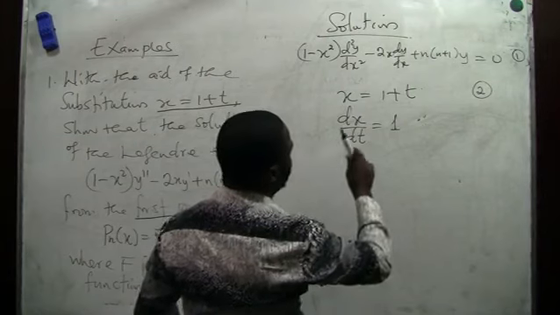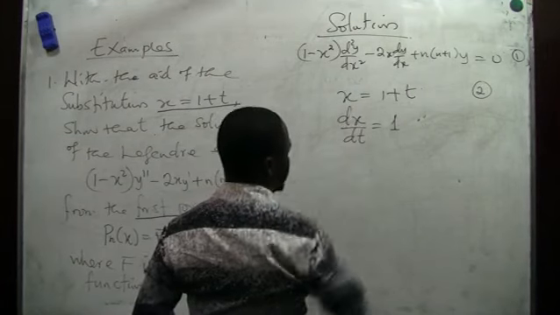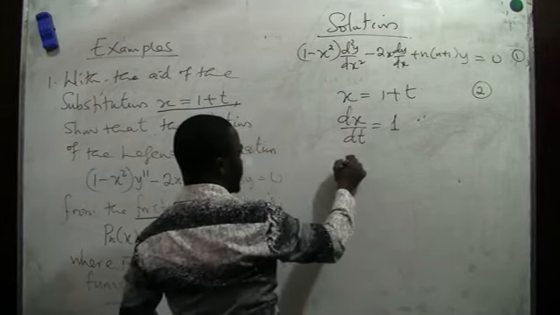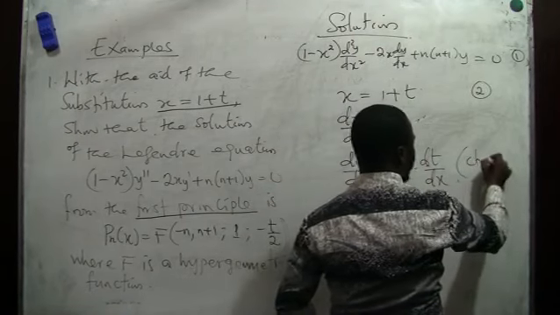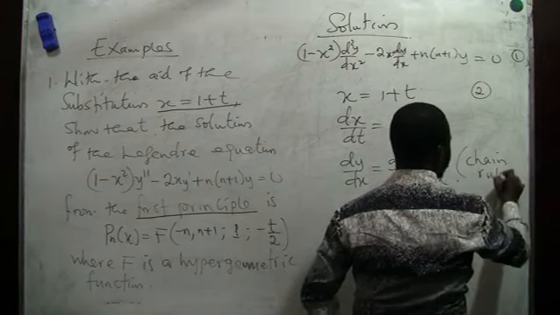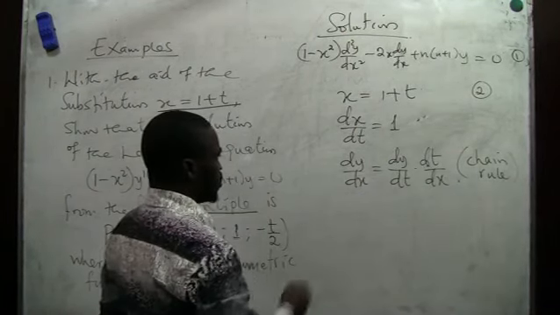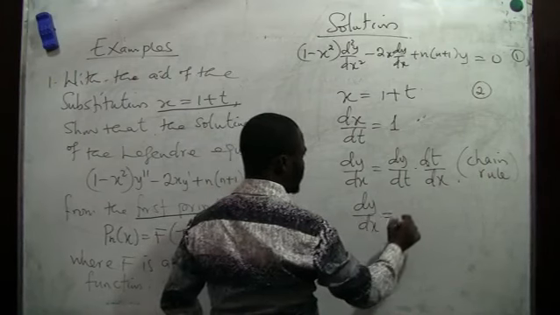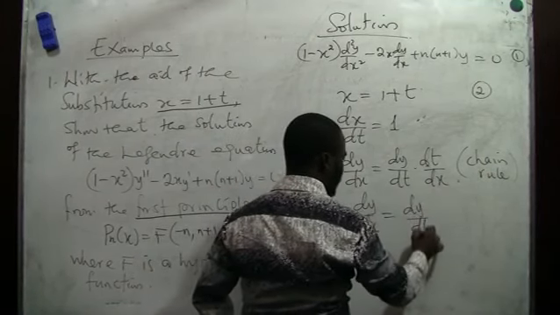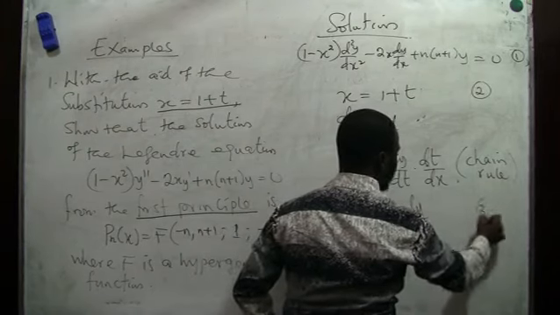So from equation 1, what we need is dy dx, not dx dt. So how do we obtain that? We write dy dx equals dy dt multiplied by dt dx. And this is what we refer to as the chain rule from elementary calculus. So let us substitute dt dx into this expression. We have dy dx becomes dy dt. Call that one equation 3.